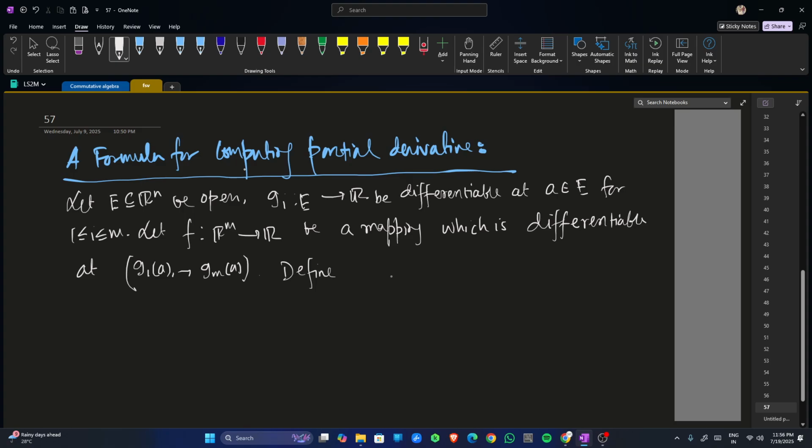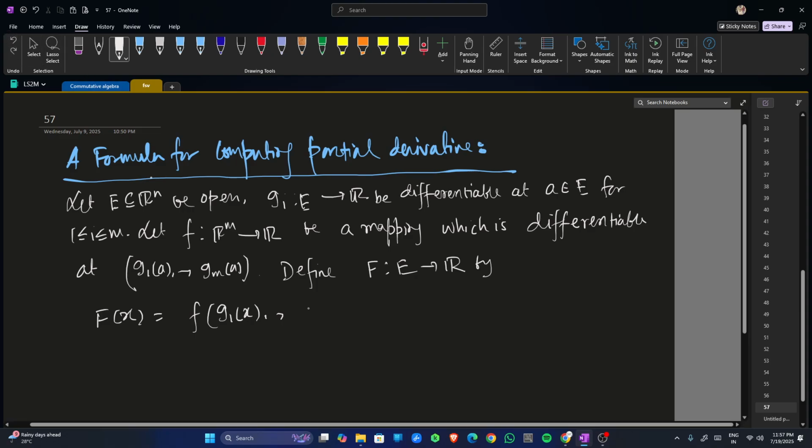Define F from E to R by F(x) equal to f of g1(x), ..., gm(x).